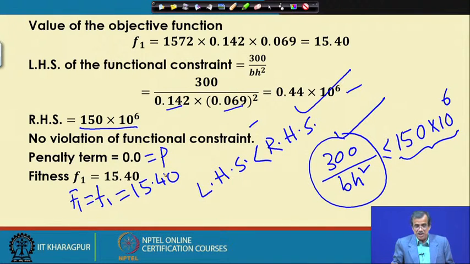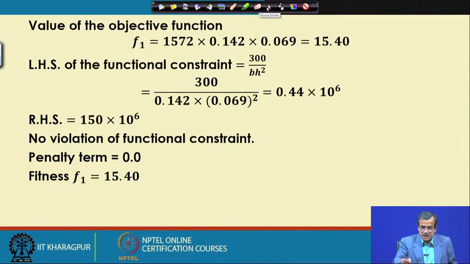So, for the first GA string, I am able to find out the value of the objective function, that is nothing but the fitness, and the modified fitness, because here there is no violation of the functional constraint.